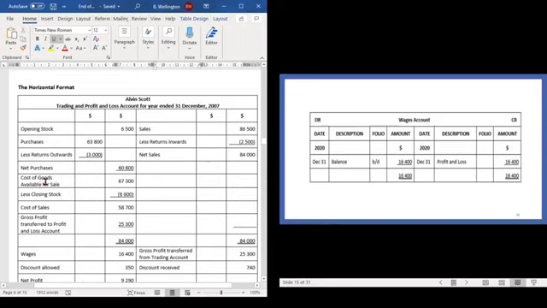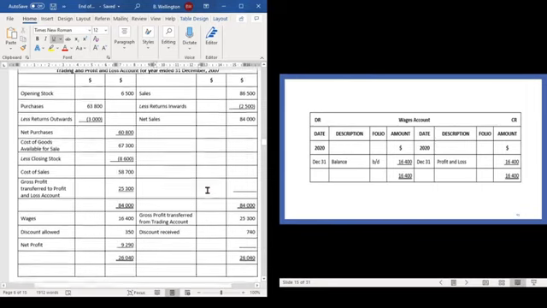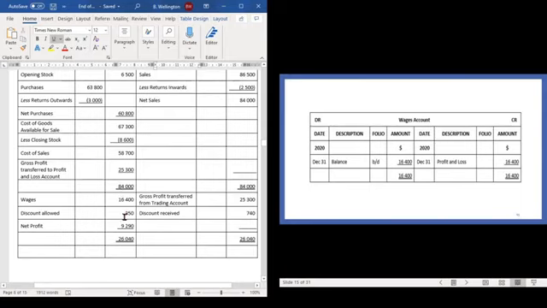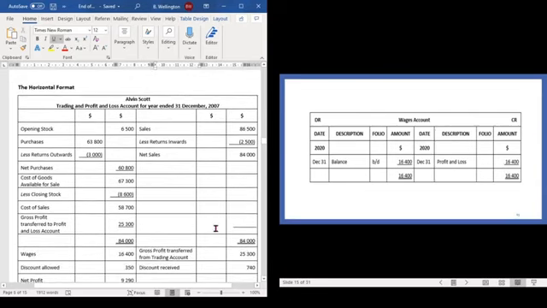The next item we want to show is the cost of goods available for sale. We also want to show the cost of sales, the cost of goods sold. Okay, so when we present our trading and profit and loss like this, it's easy to see those important items. Notice that we're using two columns. Now the two columns will enable us to show and make adjustments to our purchases and our sales.